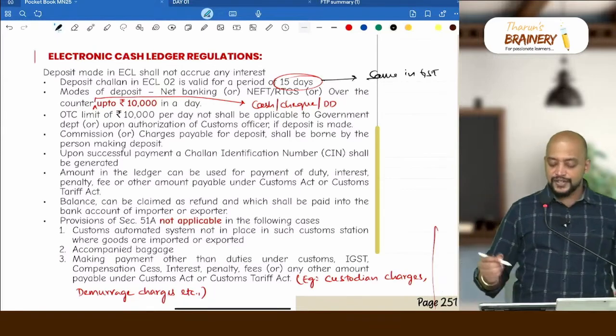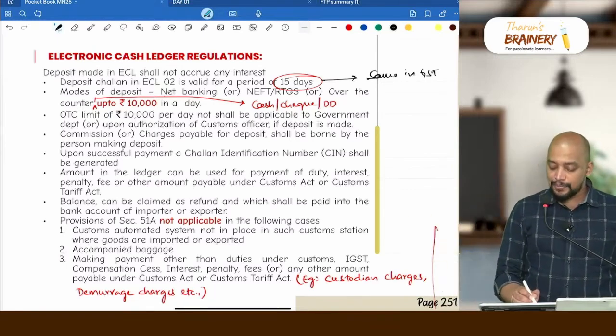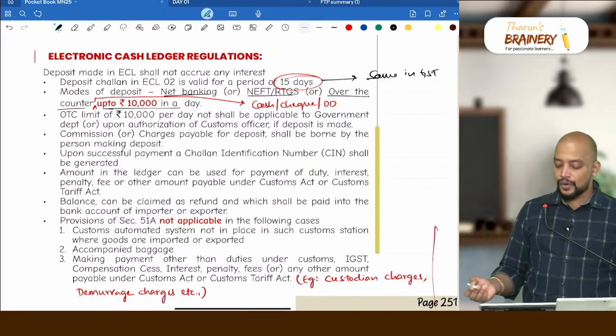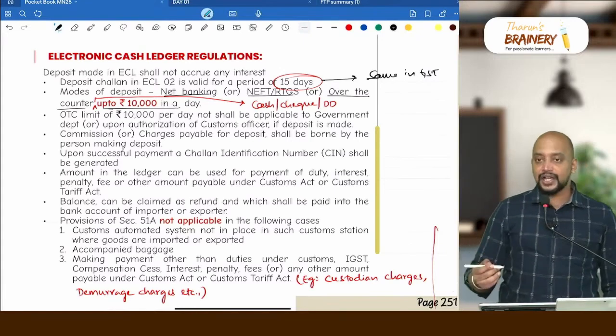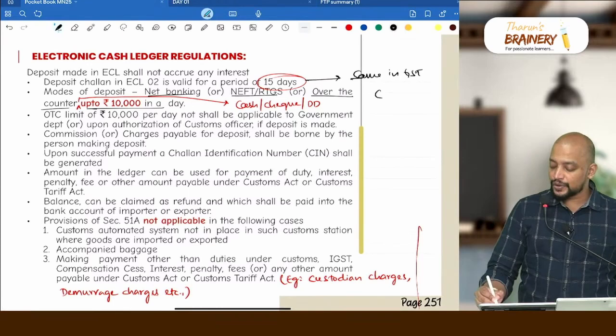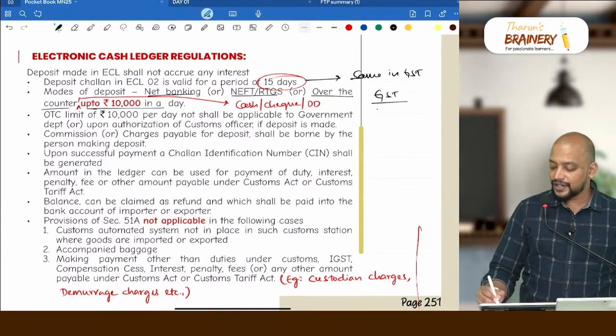What are the various modes of deposit? Either net banking, NEFT, RTGS, or over the counter up to 10,000 rupees in a day. Here, over the counter means cash, cheque or demand draft. Whereas in case of GST, there are a total of 6 modes. In GST, what are the various modes of deposit?